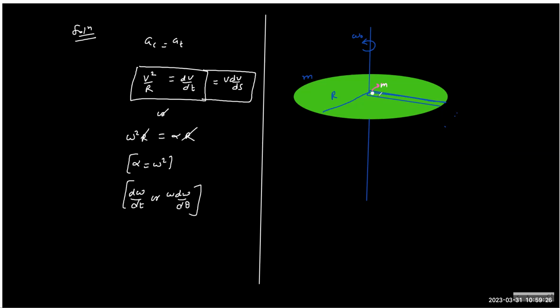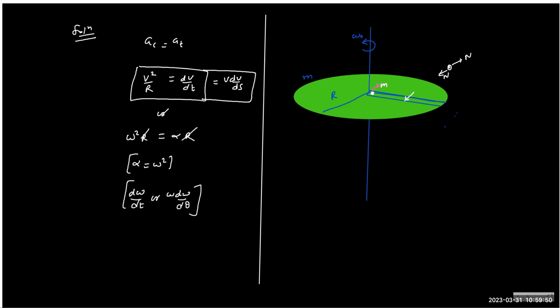If you want to know the reason for the decrease, it is the Coriolis force reaction. The Coriolis force on the mass is acting this way, which is the normal direction. So the normal reaction on the disk will be acting like this, which will slow it down. It will create a torque, and the torque will create the alpha, and alpha will reduce the omega.